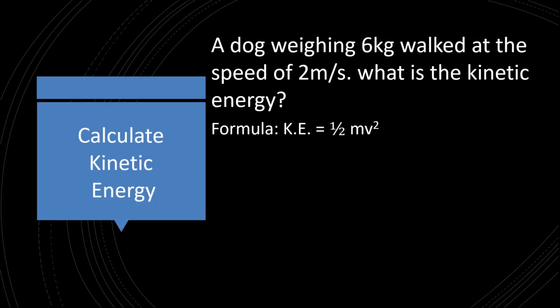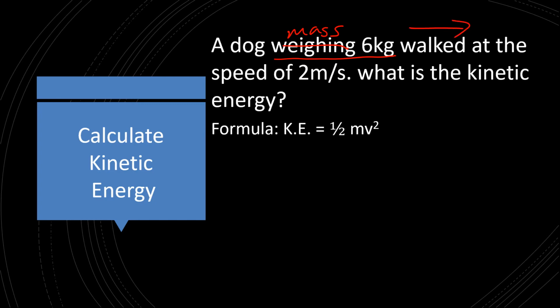So let's say we have a dog weighing 6 kilograms, walked at the speed of 2 meters per second. What is the kinetic energy? So let's underline our important things here in this question. We have a dog, a weight, more accurately a mass, walked at the speed of 2 meters per second. So we know there's a direction.